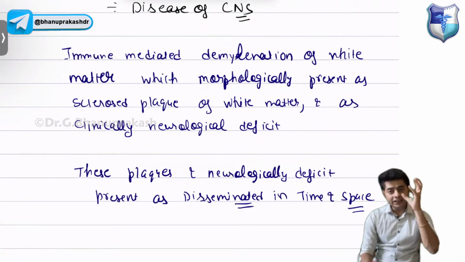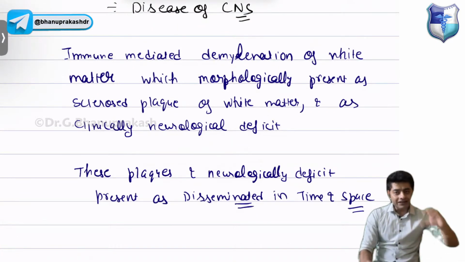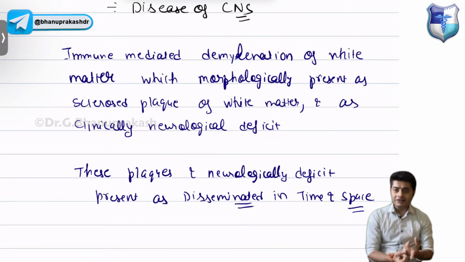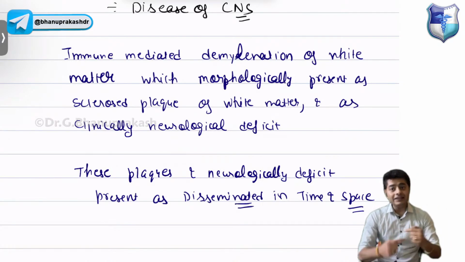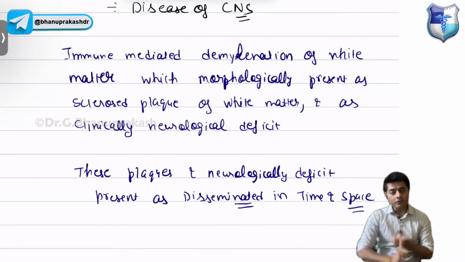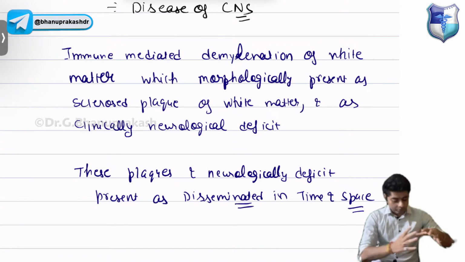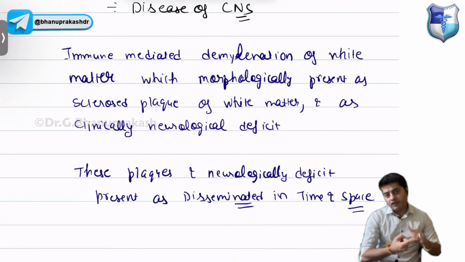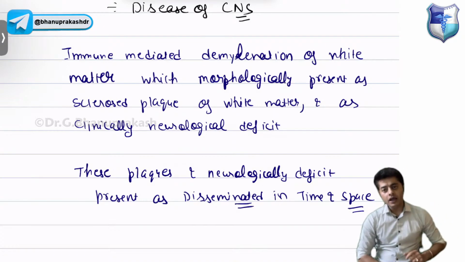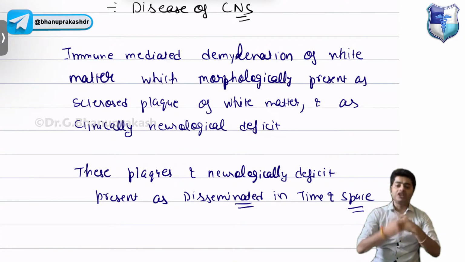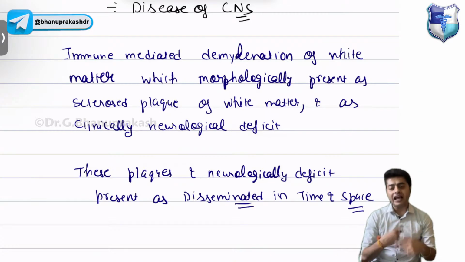So there is demyelination of white matter, which presents as a sclerosed plaque and clinically as a neurological deficit. After 1 or 2 months it may present in your spinal cord, after another 1 or 2 months in your cerebellum. So it changes with time and space.